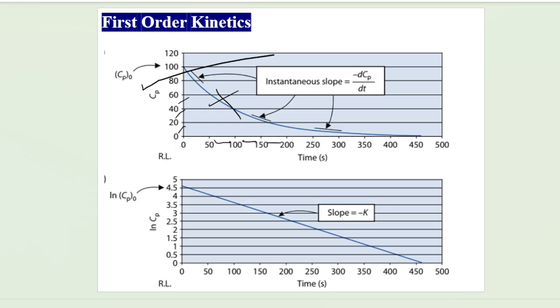But if you convert the data into natural log and plot it on the x-axis as well as the y-axis, you will see that the curve is straight. You will get a straight line.